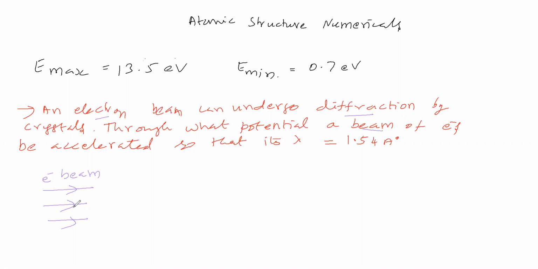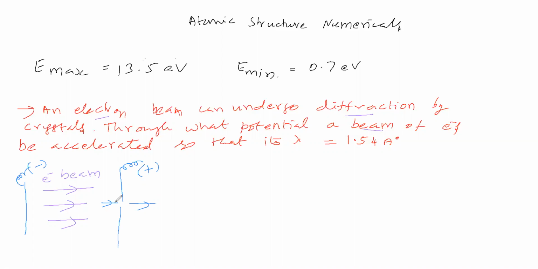The beam of electrons should go in a particular direction. It is directed towards a particular direction, for which here the negative plate is placed and here the positive plate is placed. Due to electrical potential, the electron beam is directed like this.